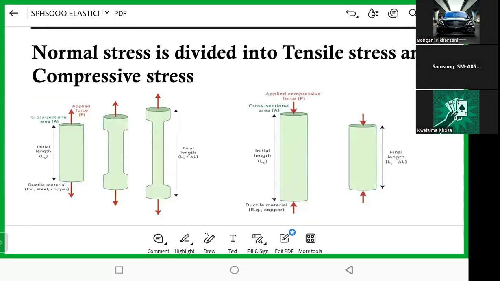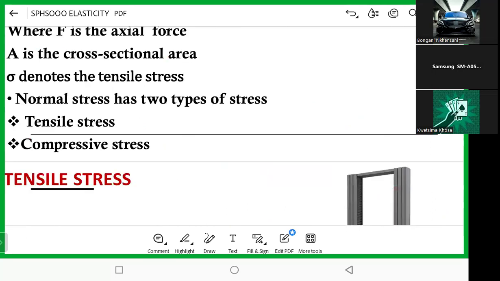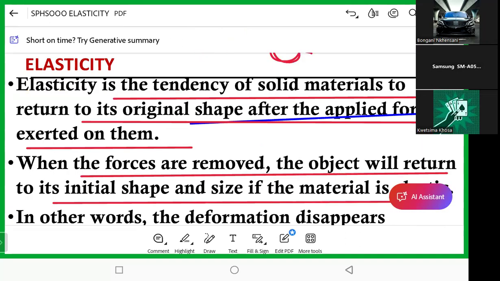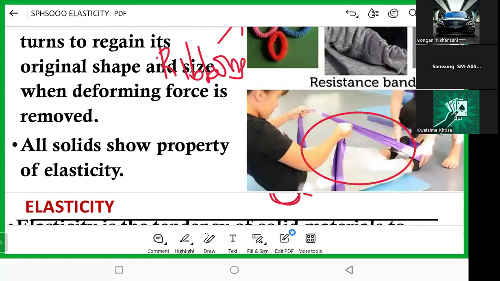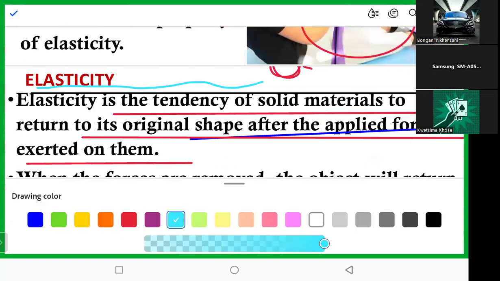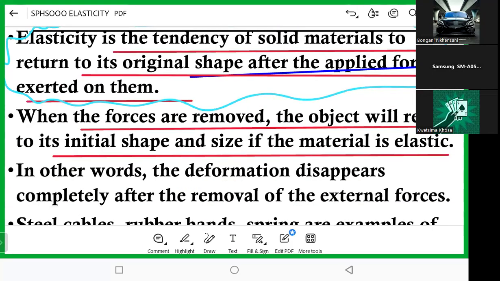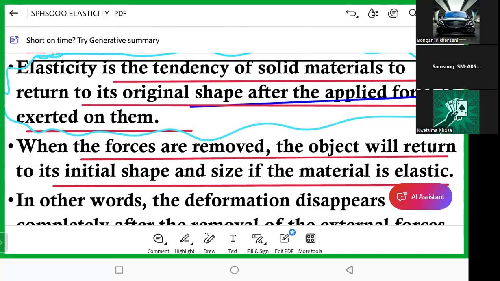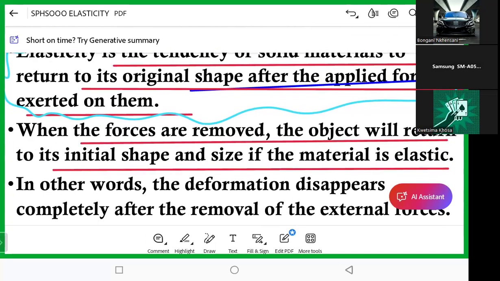But for now, the most important definition, the one for elasticity, you must know for the purpose of the test. They either ask it in the multiple choice or in the long question. You must be able to state it: it is the tendency of solid materials to return to their original shape after an applied force is exerted on them.